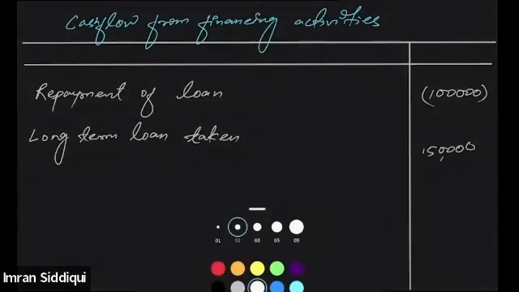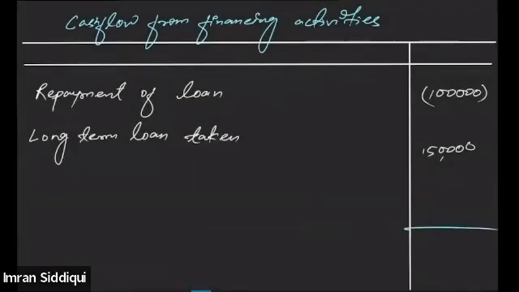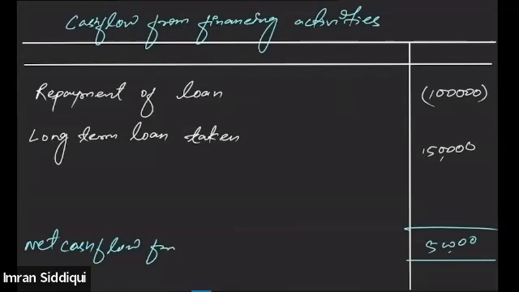This is it. Now we need to just total it, and totaling it, we will get a positive 50,000. This will indicate the net cash flow from financing activity. I hope this is clear to both of you now, Mariam and Halima. Is that clear, yes or no?